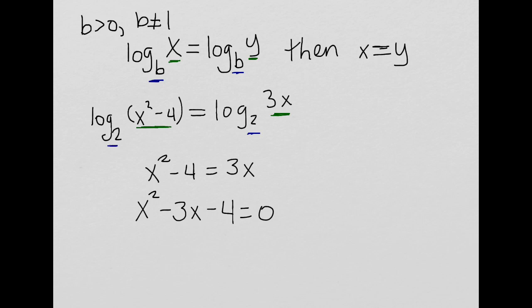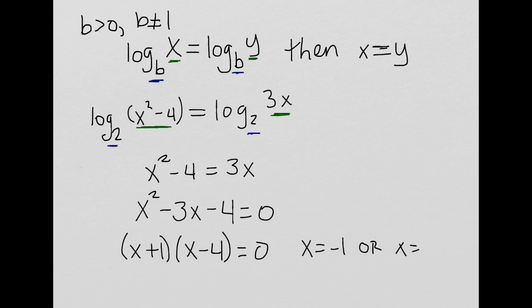You can factor it, or you can use the quadratic equation. I'm actually going to factor it. I find that just a little bit quicker and easier, and this factors into x plus 1 times x minus 4 equals 0. So now remember, we can solve this by saying x equals negative 1 or x equals 4.